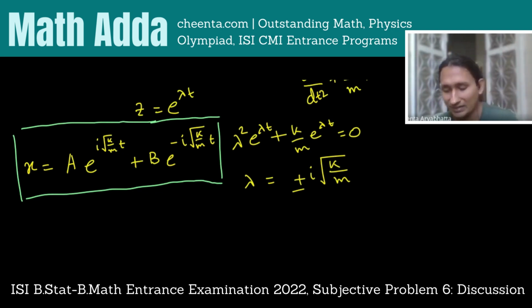The answer is the fact that the moment we started considering complex functions, like e^(i√(k/m) t), the moment we started considering functions of that type, we left the realm of real numbers. Now everything we use is going to be complex, just like these two constants, a and b.